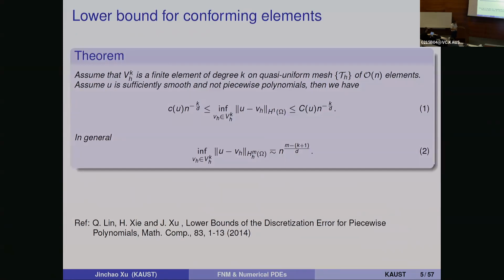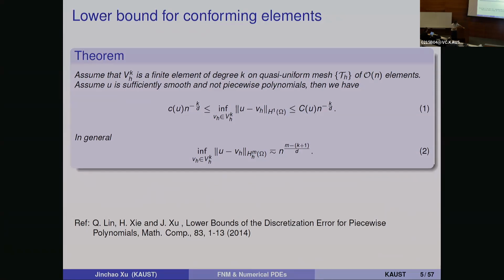So you do the error analysis, and you can prove that if you have n degrees of freedom, in the H1 norm the best approximation is usually h to the k's power for polynomial degree k.